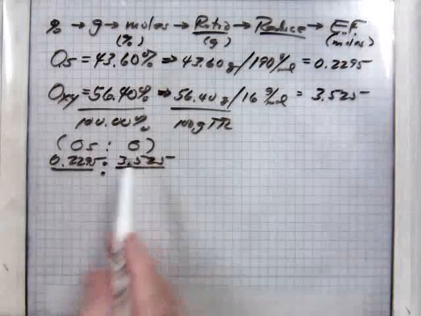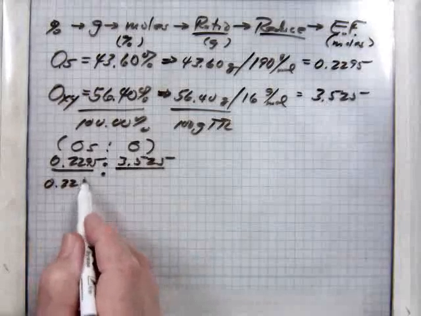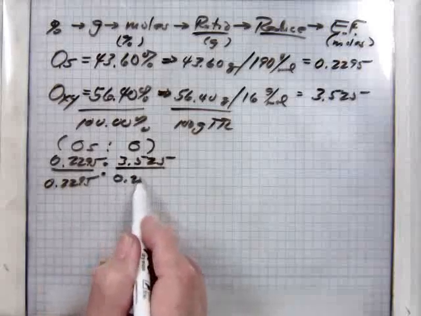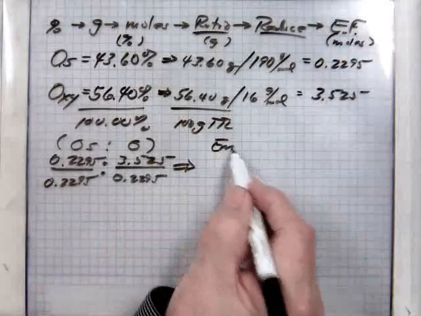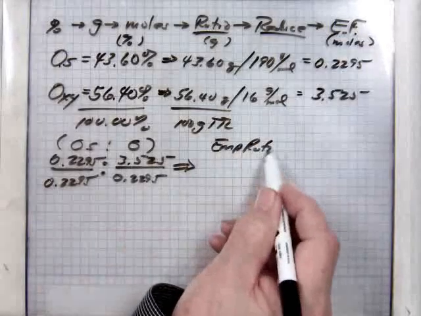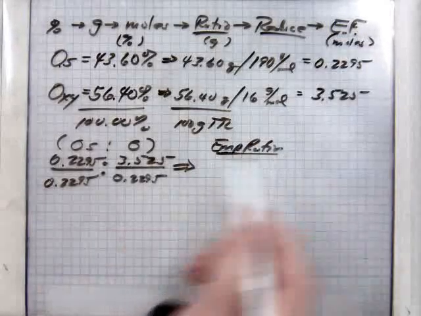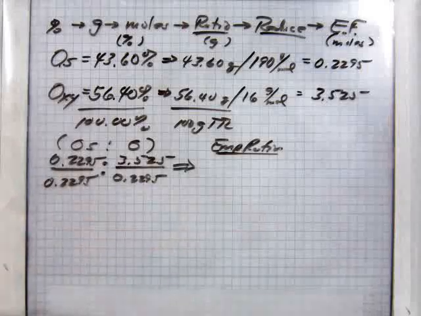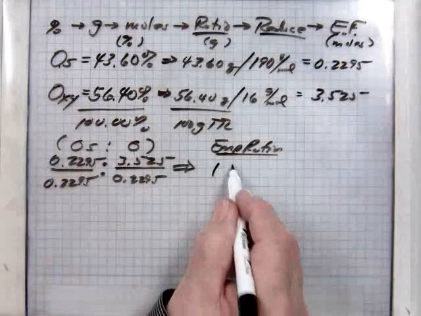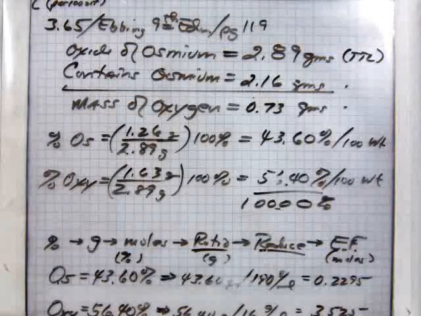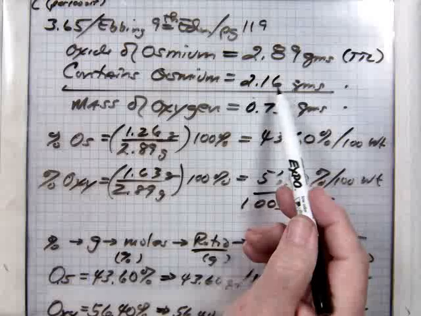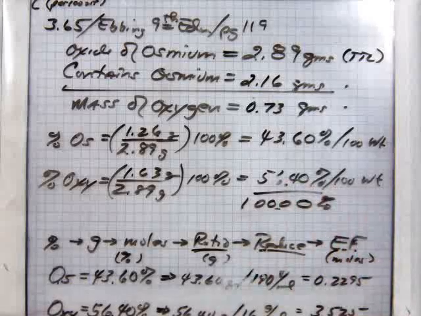Well, that's obvious. 0.2295, 0.2295, and that will give you your empirical ratio. And you can write your formula from that. So this is 1 osmium to whatever that works out to be. Okay. The problem gives 2.16. I don't know where I got it from.